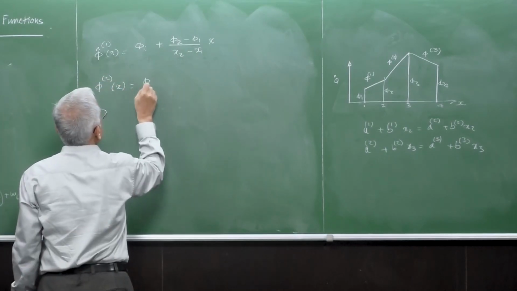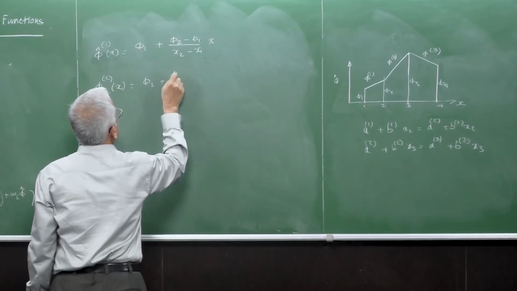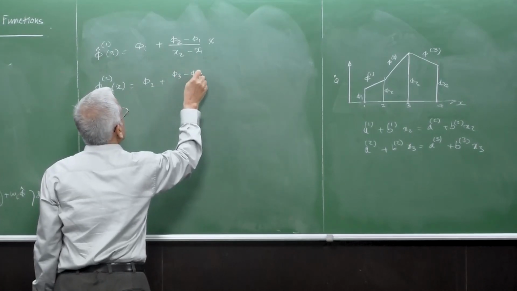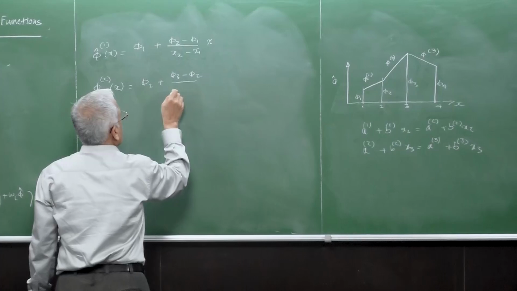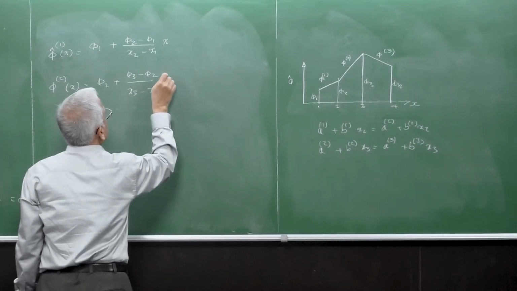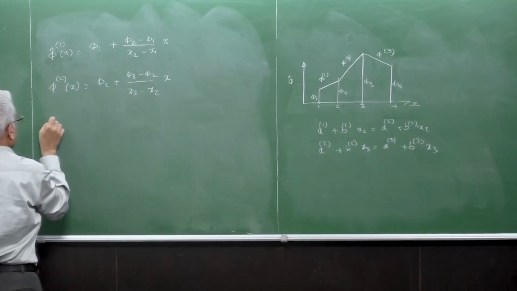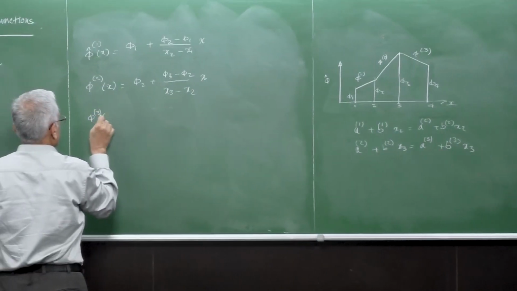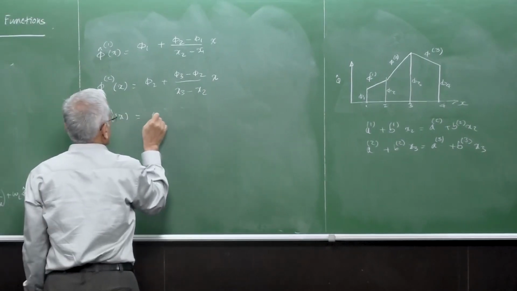In the region of 2, we can similarly write exactly the same thing like this, and phi 3 here, similarly in the third domain. So we have this.